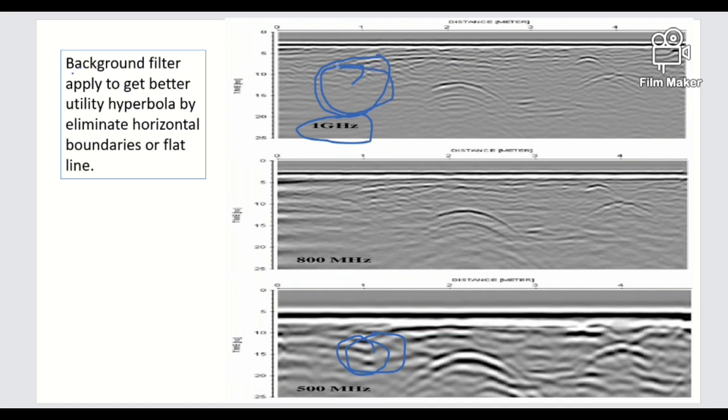But if we want more contrast, as discussed, we will use less frequency GPR data here.